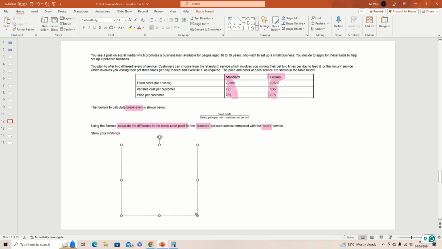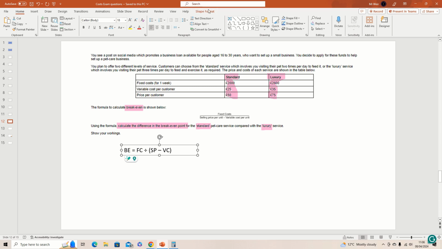But if you take your time in doing it, you're likely to get it right, and it's worth a lot of marks because you're doing the same thing twice. Obviously a lot of calculations means a lot of marks. So we're just going to put our shortened version of the formula in again, and we're going to do it twice.